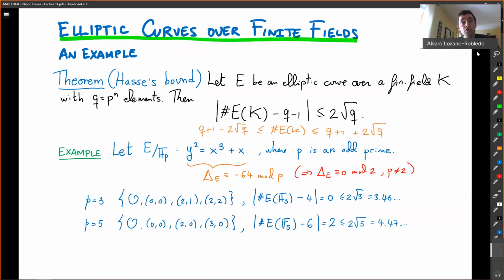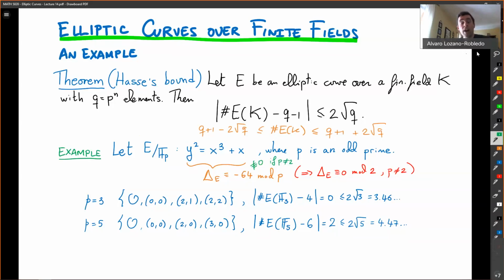Well, if p is 2, then the discriminant would be 0 modulo 2, and that would be a singular curve over F_2. So that doesn't define a curve over F_2, but since the discriminant is minus 64, this is non-zero if p is not 2, and therefore it defines a non-singular Weierstrass model for an elliptic curve over that finite field.